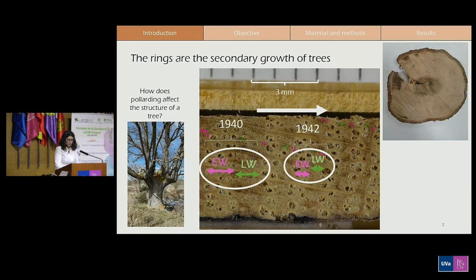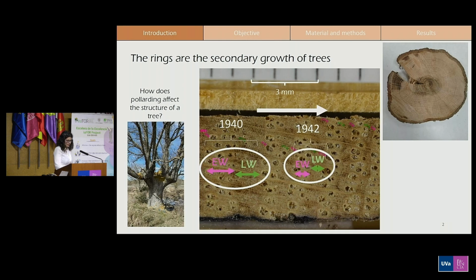The ring-porous species, such as deciduous oaks, have two distinct types of xylem. Early wood is characterized by wide vessels to facilitate water transport, and late wood is composed of a matrix with dense fibers for the support of the tree. Pollarding consists of cutting tree branches but preserving the stem.